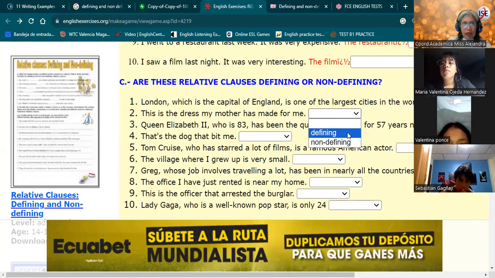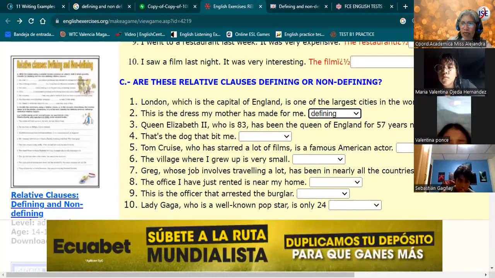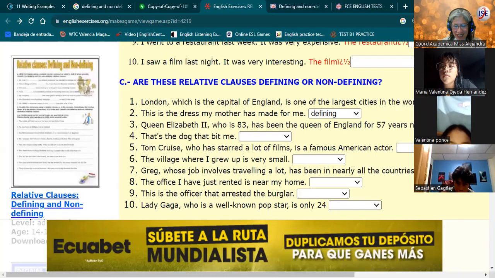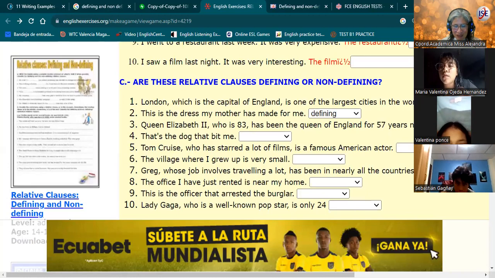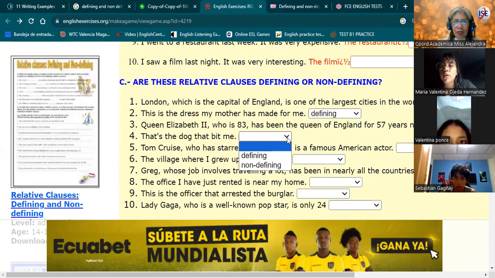Defining or non-defining? Defining. Maria Valentina, Queen Elizabeth II, who is 83, has been the Queen of England for 57 years now. This is an old exercise because the Queen is dead. Non-defining. Sebastian, that's the dog that bit me.